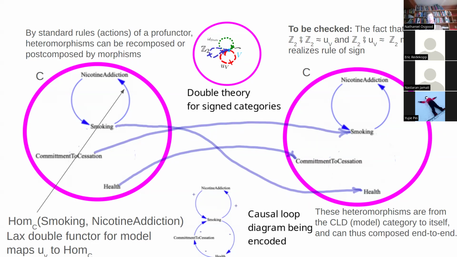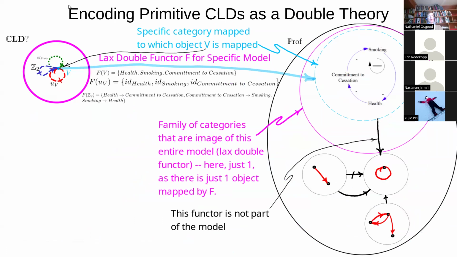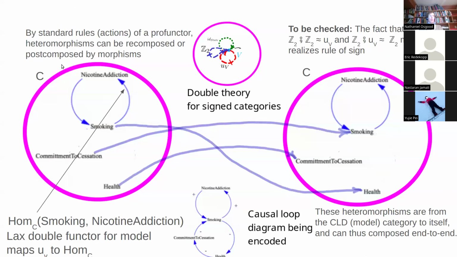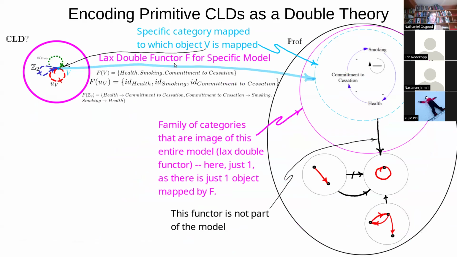And there are times you want to be able to draw on one, like the V is mapped to a set of objects at a micro level by this profunctor, and yet at another time be able to say, well, essentially V together with the Lax-Double functor specify a category.